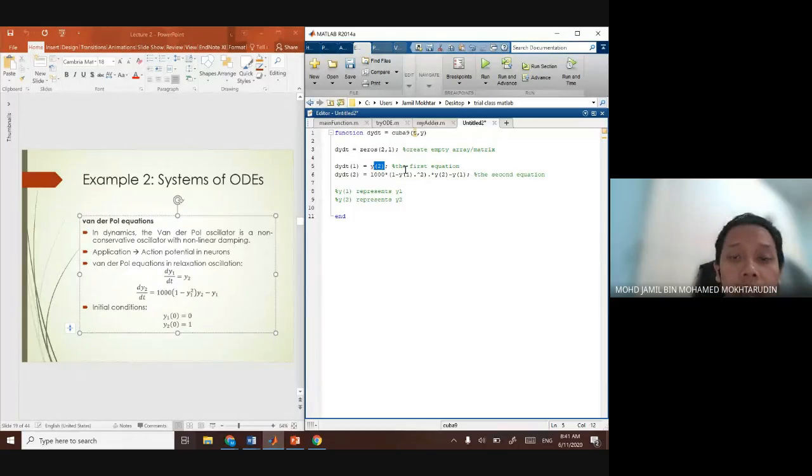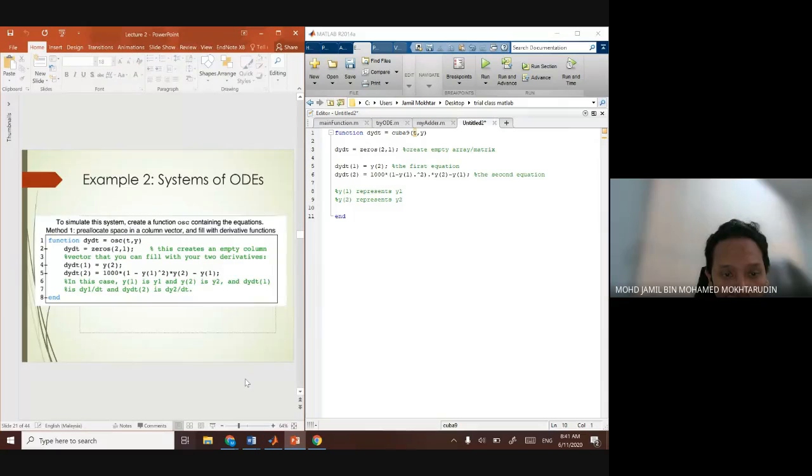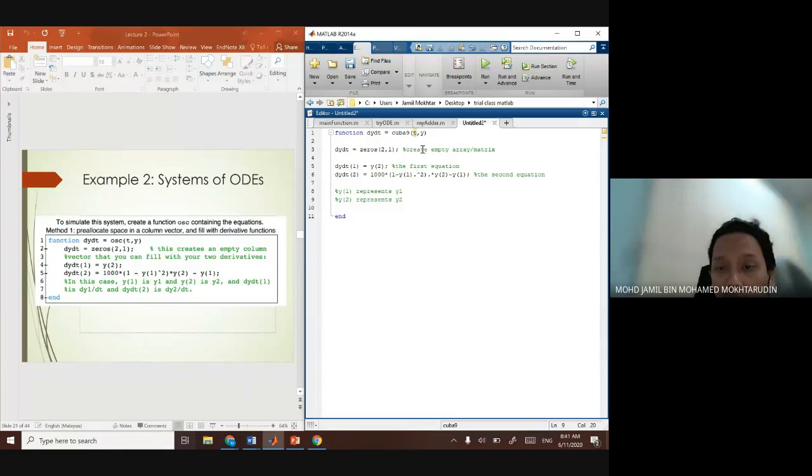When it is in terms of an array, you need to specify which row of y you are going to use. Here you use the second row, but in this term you use the first row of y. The first row is y1, the second row is y2. Okay, so this is your ODE function, and then you can save it.